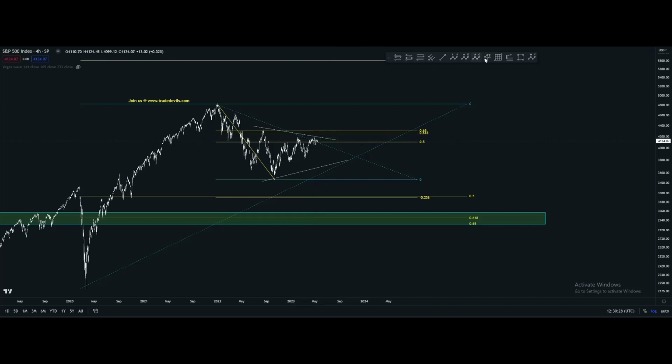If not, it can be wave A into the flat, and then wave C goes a bit further, and then we have a drop.